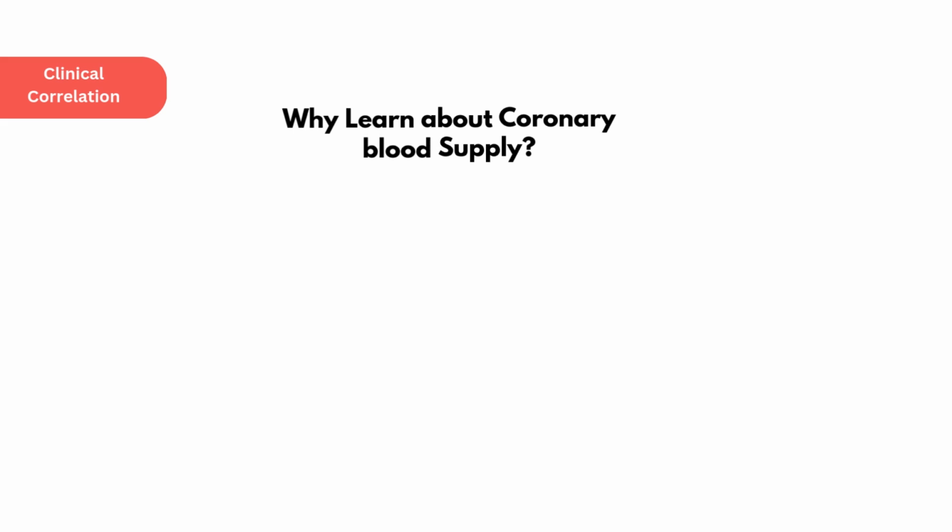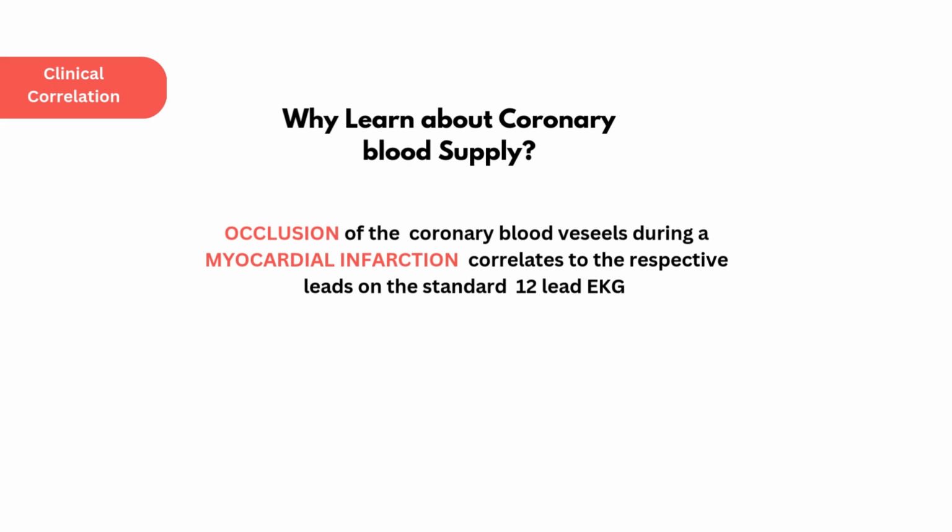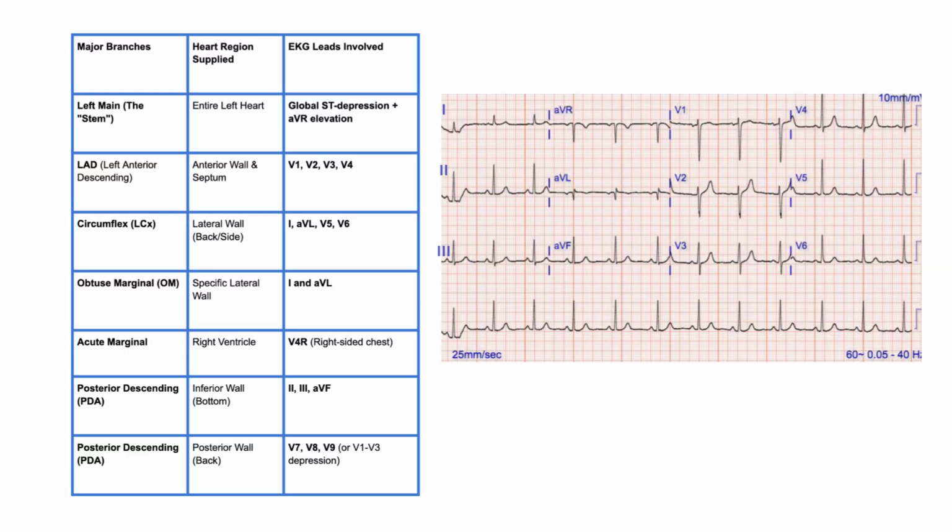So now we've taken time to speak about all these coronary blood vessels that supply the heart. Now, why does knowing all of this matter? Because occlusion of these vessels during a myocardial infarction reflects on the respective leads on a standard 12 lead EKG. We've already seen the pink slip medical students hate very well.